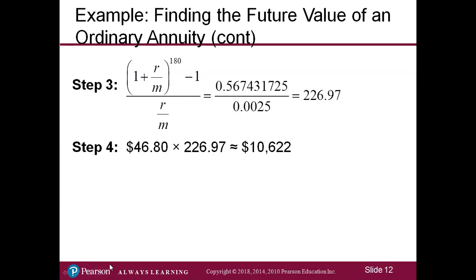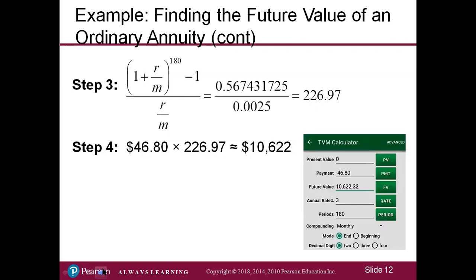Step 4, multiply the quantity from step 3 by the regular monthly payments, $46.80, yielding $10,622 just for not drinking at Starbucks for 15 years. Would you rather have coffee for 15 years or $10,000?